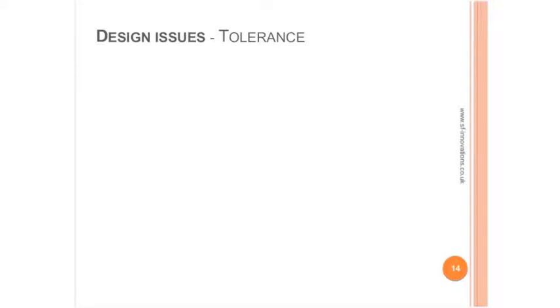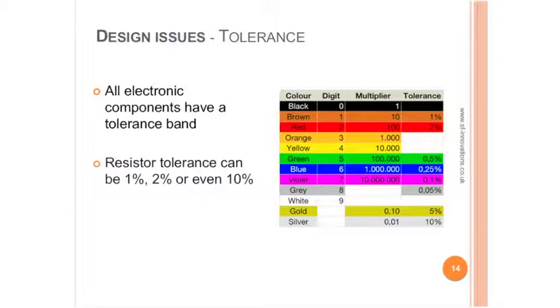So all electronic components have a tolerance band. A few of you will be familiar with the resistor tolerance bands, 1%, 2%, and even up to 10% variation. Obviously, low power resistors you can pick up fairly cheaply at 1%, but if you're using power resistors, their tolerance is usually at 5 or 10%.